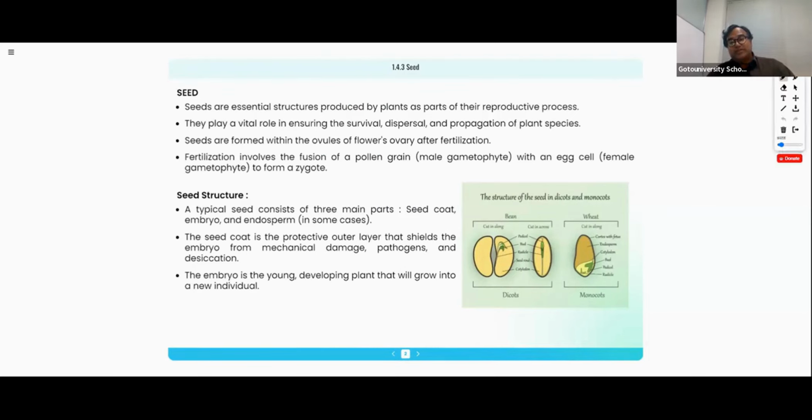If you look at this very seriously, we know very well that if the seed coat is very rigid, it takes a lot of time to germinate. I am a plant seed, and I am germinating slowly. Why? Because my seed coat is very thick. That is the reason I'm germinating very slowly.